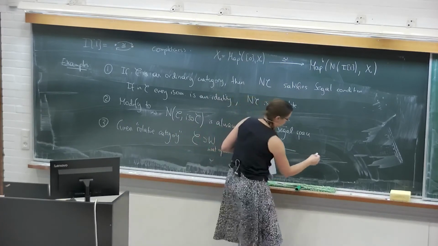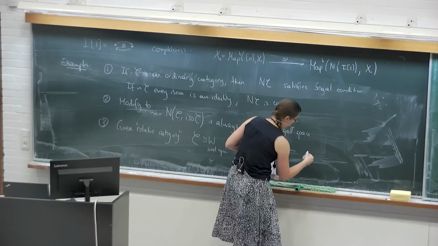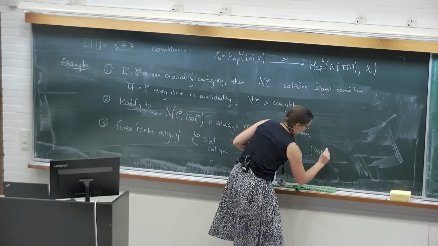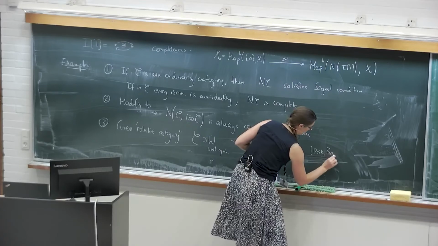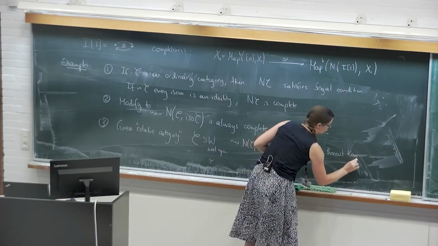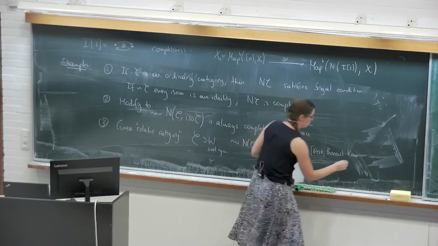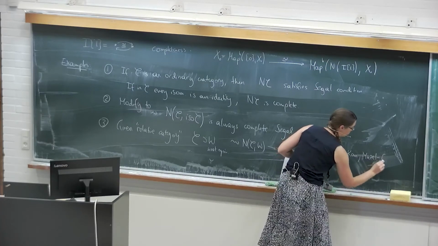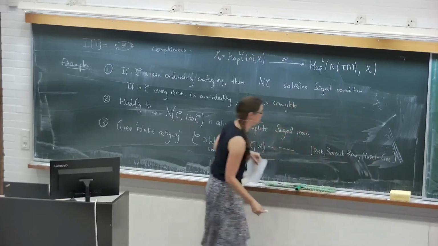So for model categories, this was already shown by Rezk, but then Barwick-Kan used this to show that relative categories are a model, and then also Aaron Mazel-Gee pushed the conditions further.